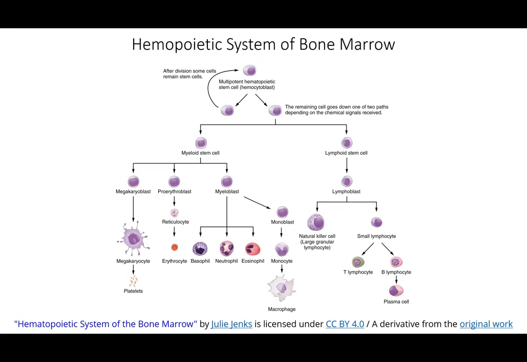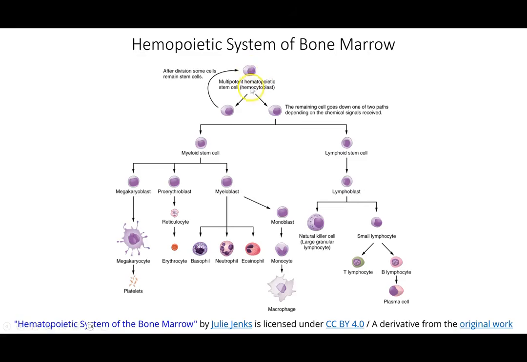So this process, hematopoiesis, starts when this hematopoietic stem cell gets a chemical signal from a bunch of chemicals collectively called hematopoietic growth factors, which trigger this to actually start that mitosis process.